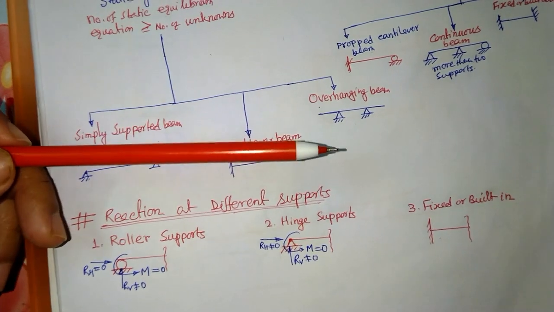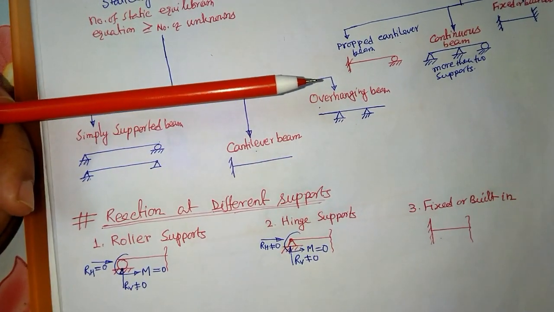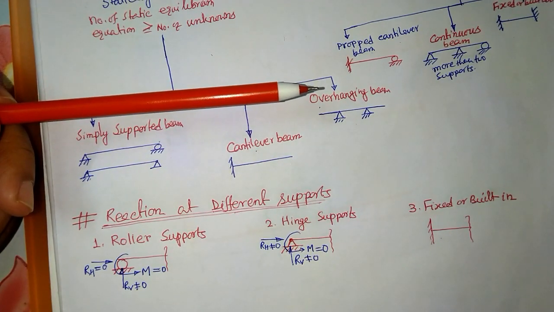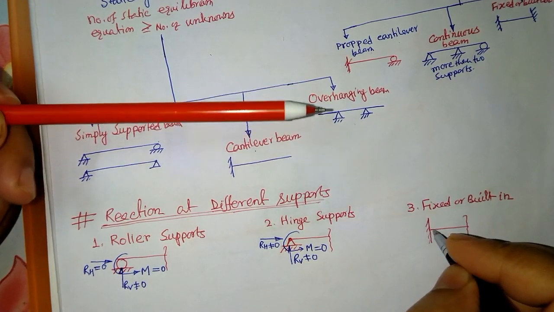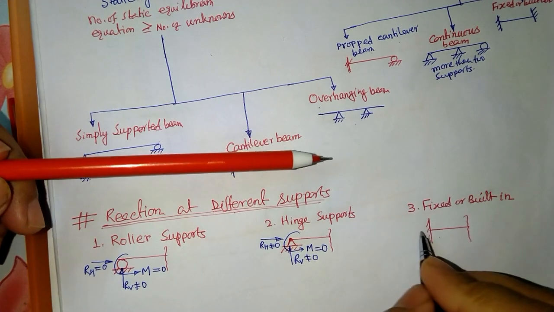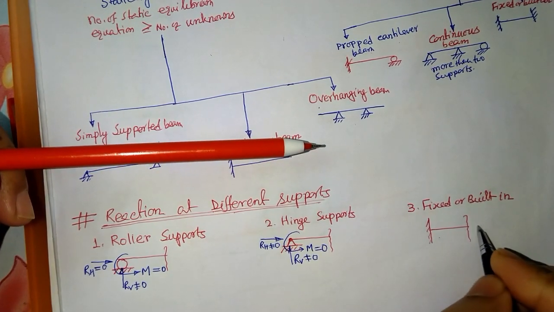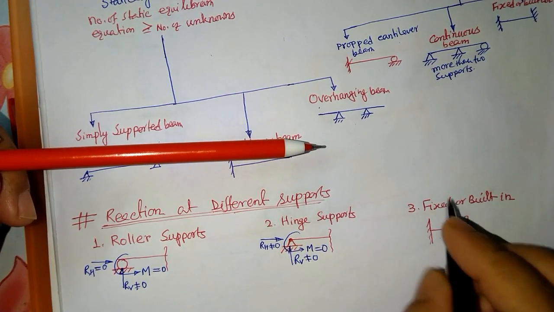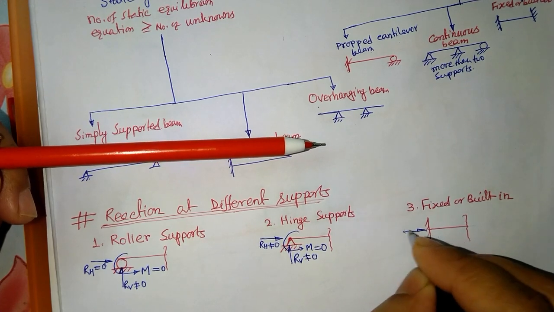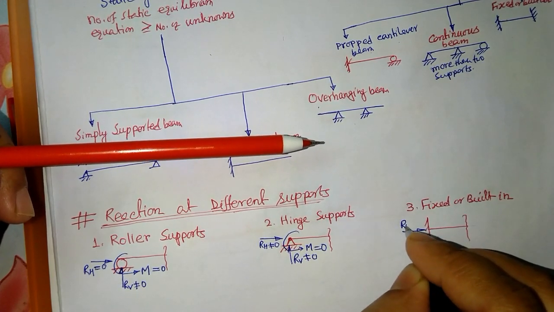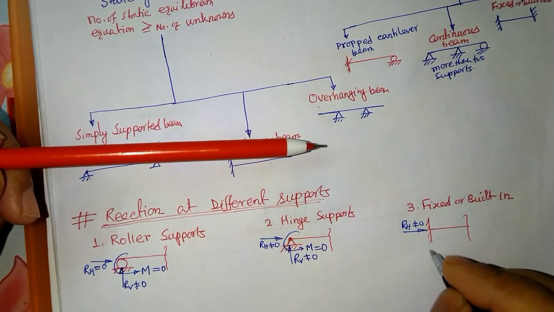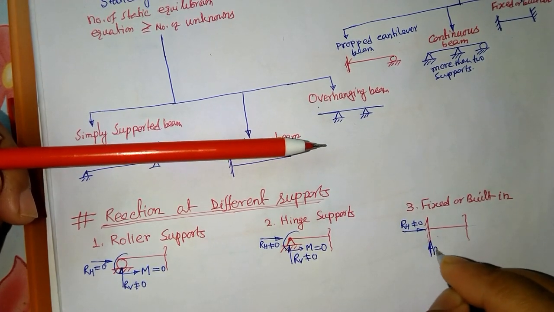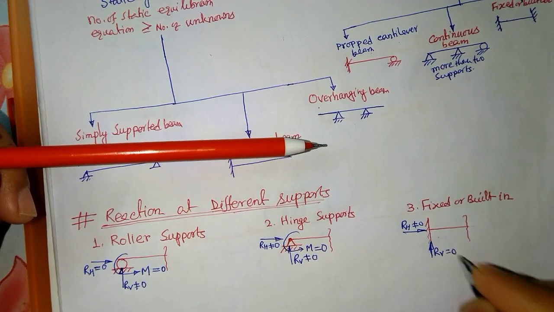Next we have fixed or built-in support. If it is fixed, when we apply a horizontal force on this side, it will resist, so we get horizontal reaction RH not equal to 0. In vertical also it will resist, so we get vertical reaction also.